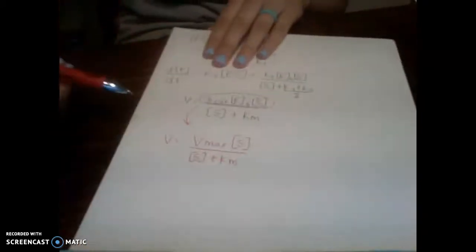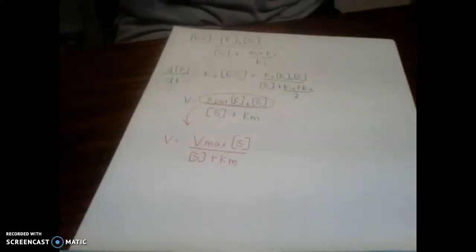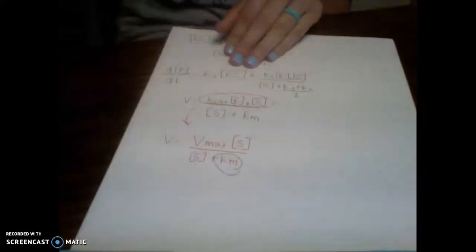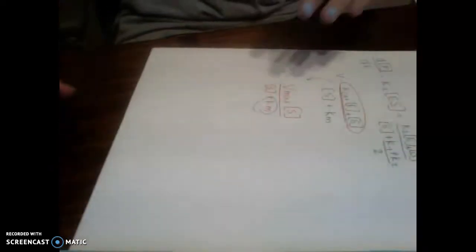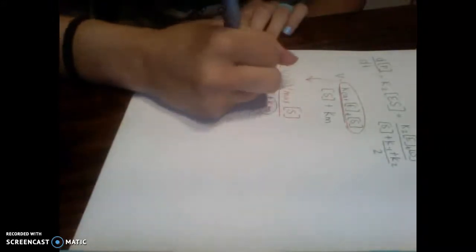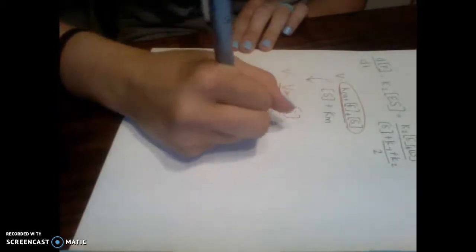Okay. So, but now we still got one thing that we're not quite sure of. So what is Km though? We understand everything else, but we don't quite know what Km is. So let's define Km. Km is equal to the Michaelis constant.